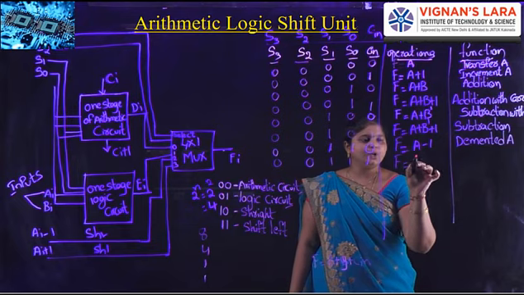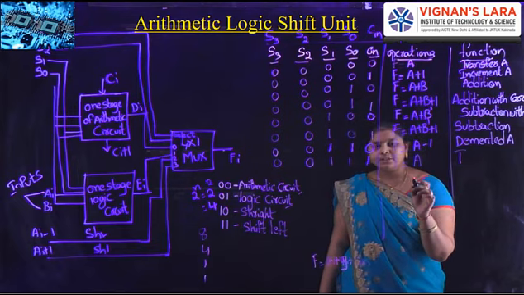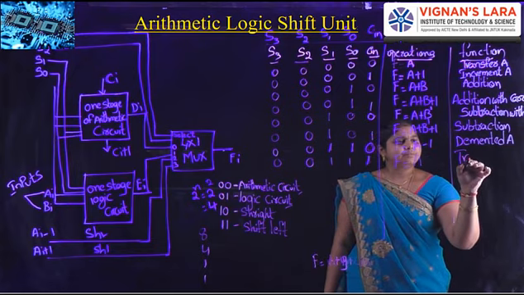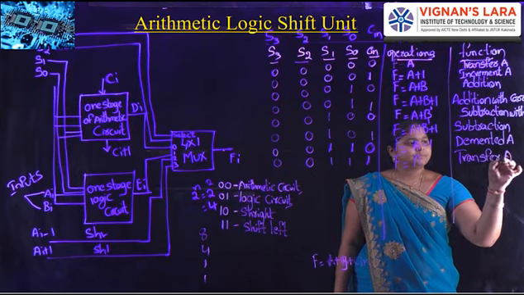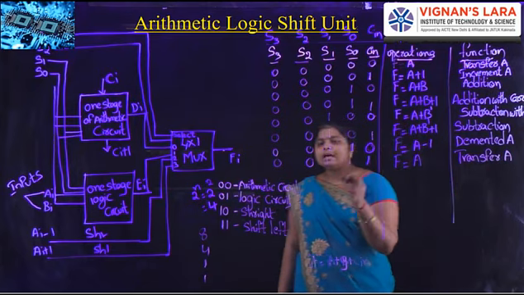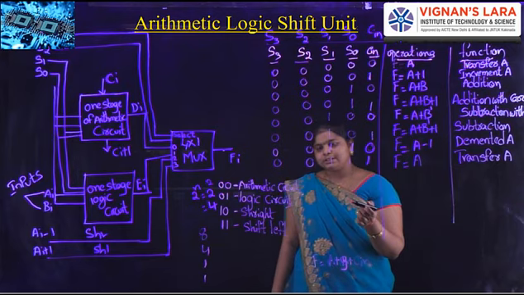Without carry, F equal to A; here the information of A is transferred to F, the transfer of A. These are the 8 arithmetic micro operations using the arithmetic circuit. Next, the logical circuit.